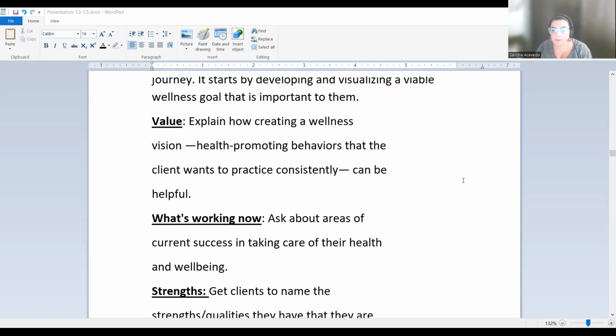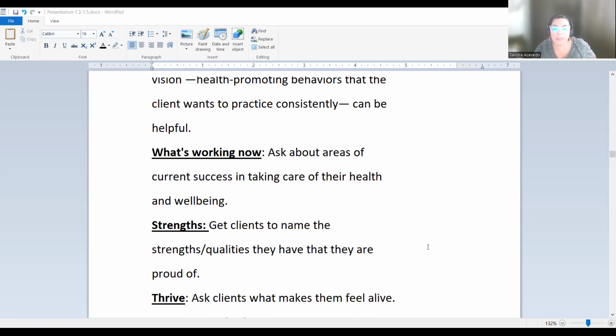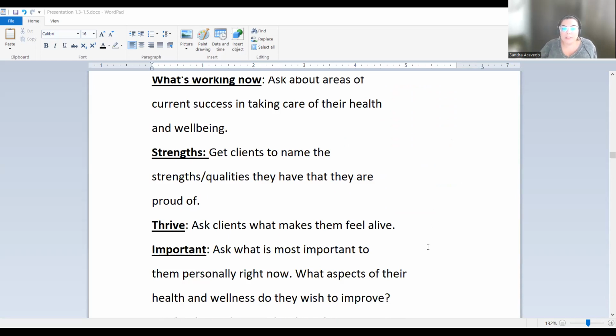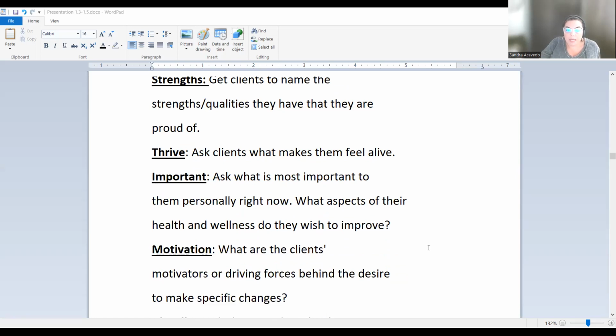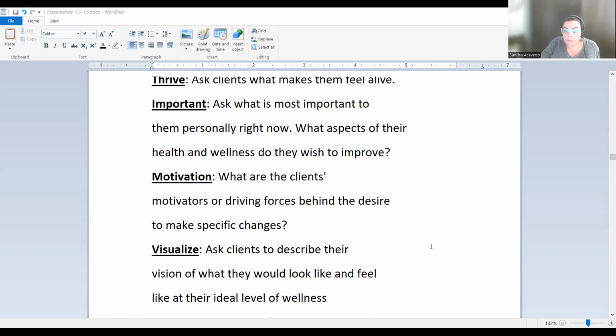What's working now? Ask about areas of their current success in taking care of their health and well-being. Strengths: get clients to name the strengths and qualities they have that they are proud of. Thrive: ask clients what makes them feel alive. Ask what is important to them personally right now. What aspects of their health and wellness do they wish to improve?